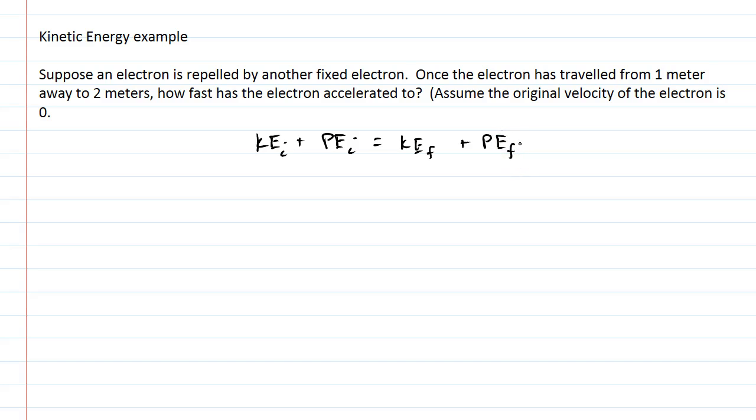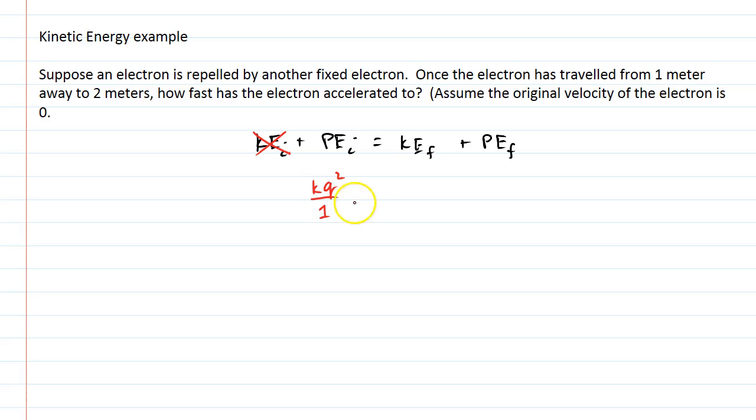Okay, now one thing we could do right away is destroy the kinetic energy initially. The reason for that is initially we're assuming that the electron has no velocity, so it can't have kinetic energy. Then we fill in potential energy initially. This is going to be kq squared, because the charges are the same, over a distance of 1 meter.